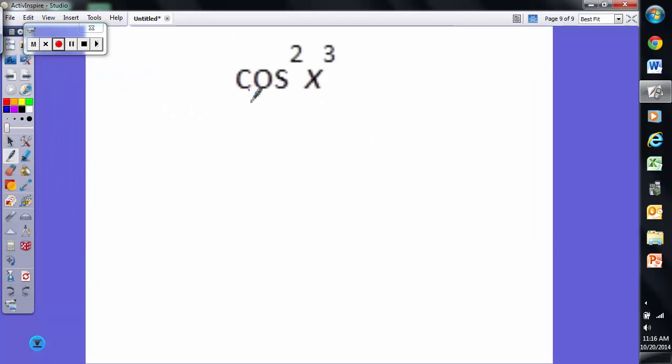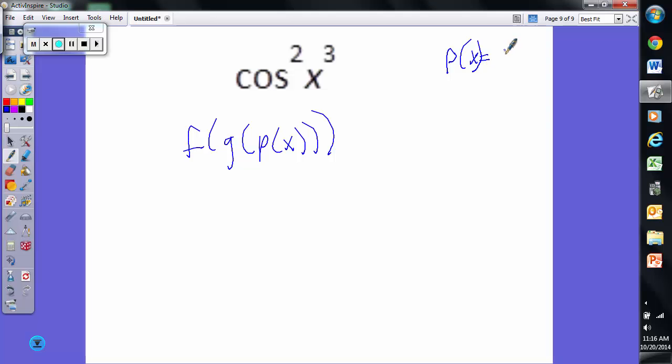This is a double chain rule. So the innermost function, let's say this is f of g of p of x. So p of x is x cubed, cosine, into x squared.